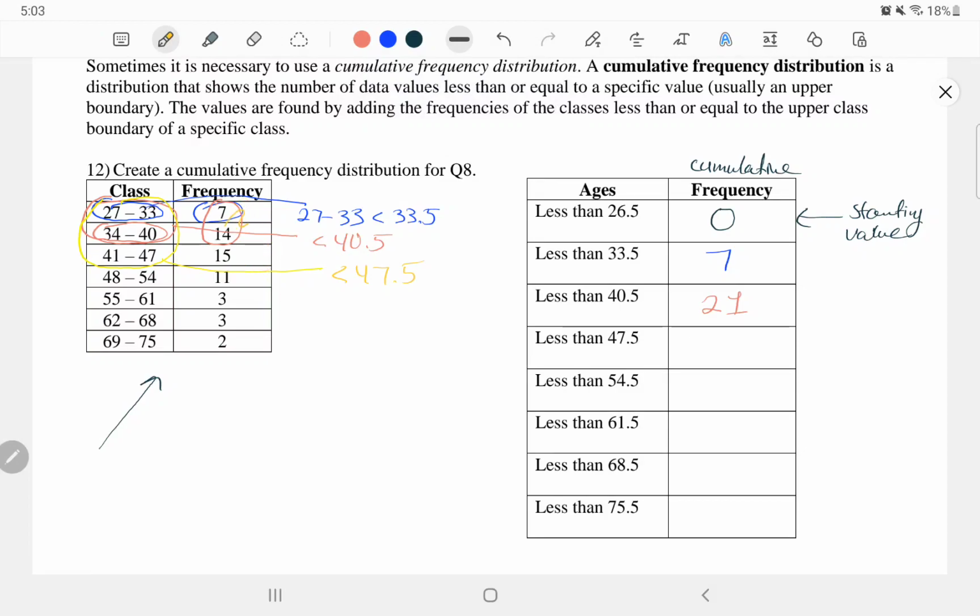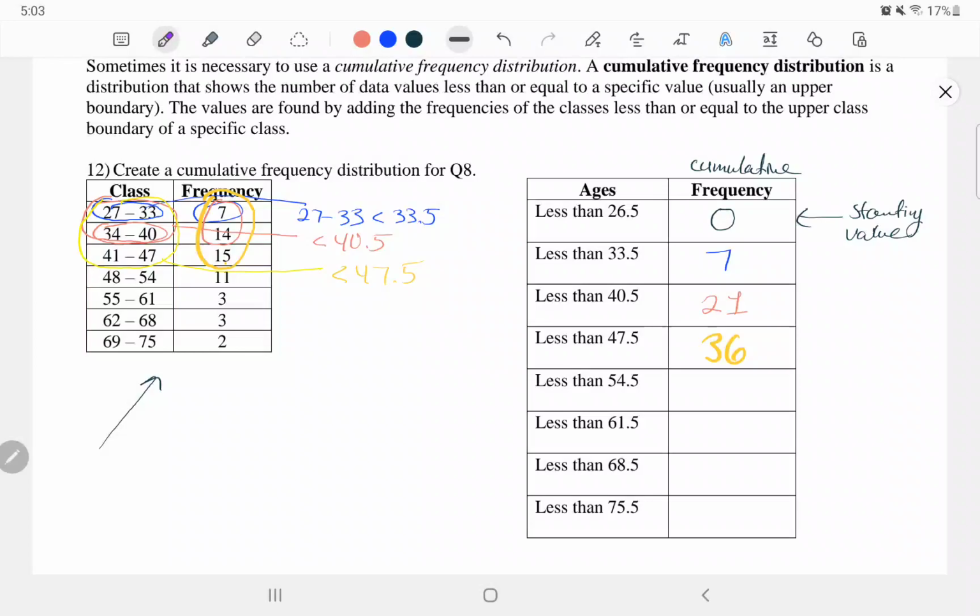Therefore, oops, made that too bold. All of these values, 7 plus 14 plus 15, is going to be less than 47.5. 7 plus 14 is 21, plus 15, that's going to be 36.